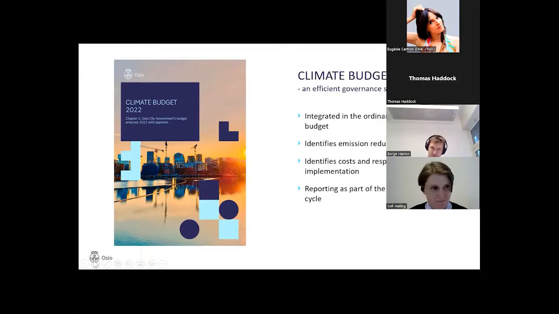This way, it's integrated into the regular budget process. In short, the climate budget presents emission reductions that are needed to keep a trajectory towards a 95% reduction in 2030, which is our climate goal. And it presents climate measures that the government is working to implement in the next 4 years, and where possible, quantified emission impacts of these climate measures. Next slide, please.